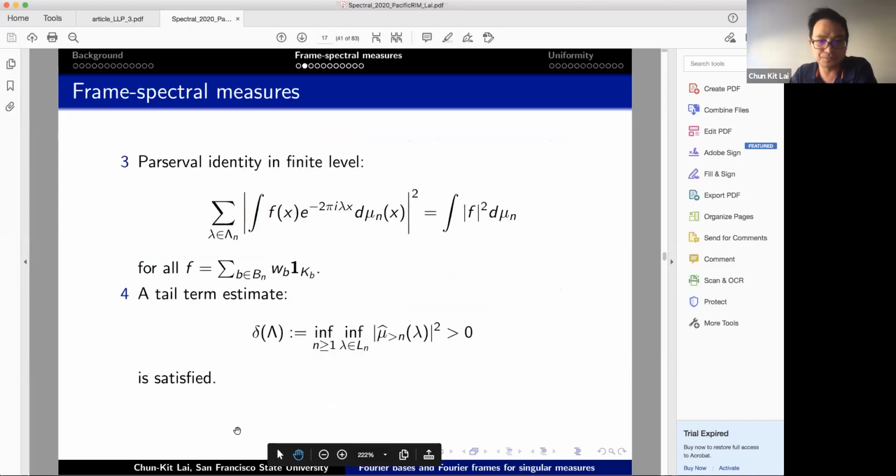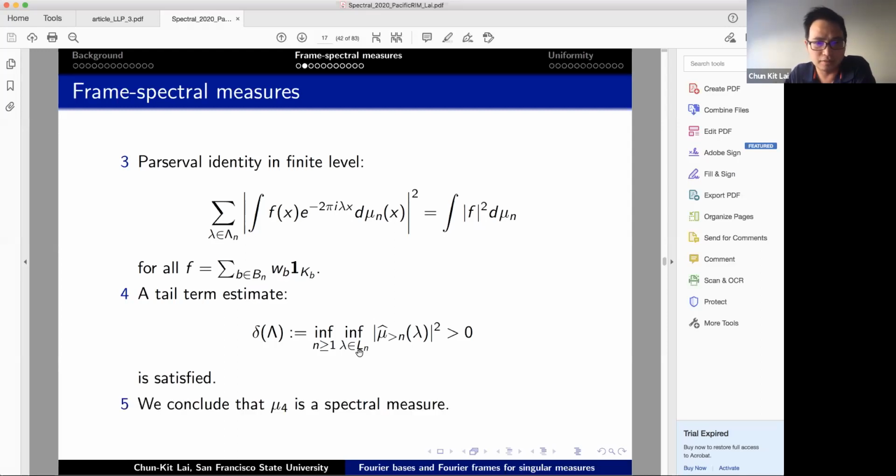In order to really pass to the limit, there is a little bit technical condition, which is that I don't want the tail measure on the spectrum of the first n levels to be too small. This condition can be satisfied, and after that we can conclude mu 4 is a spectral measure.